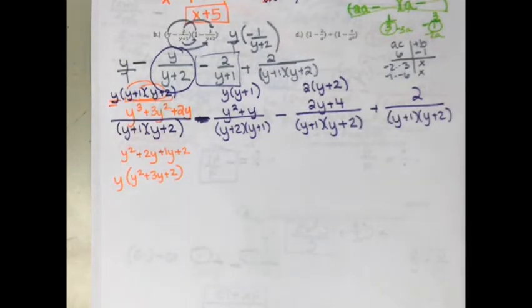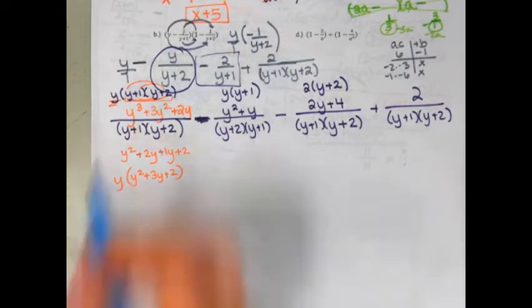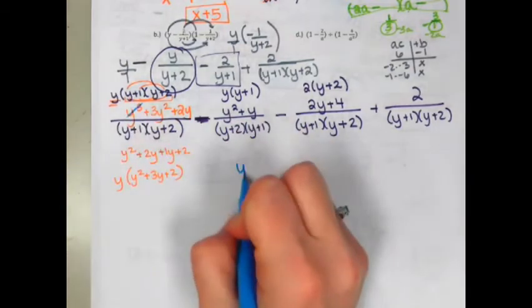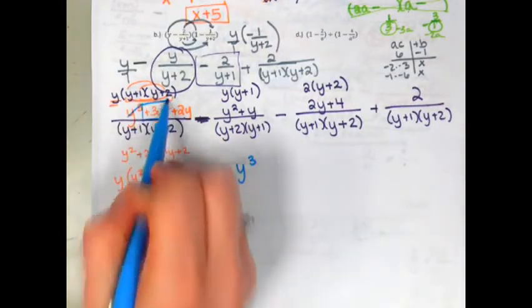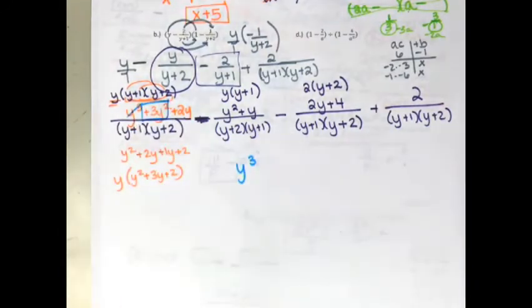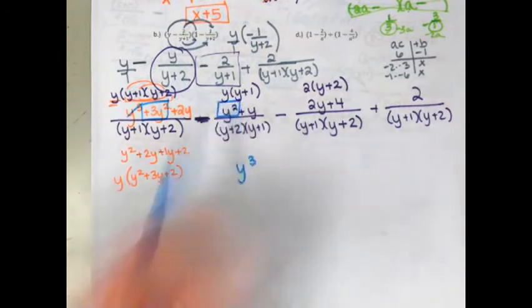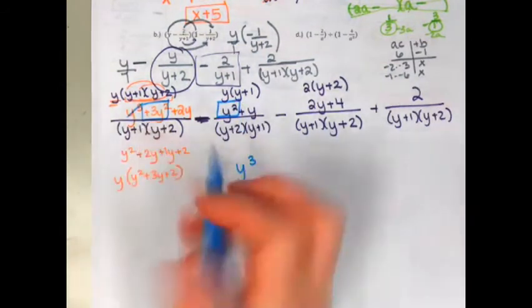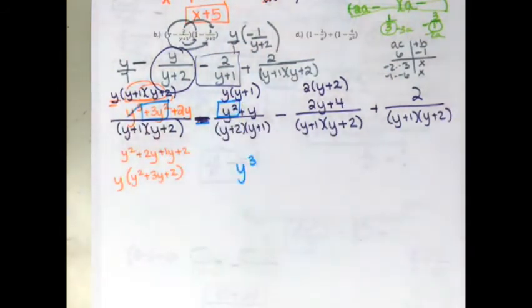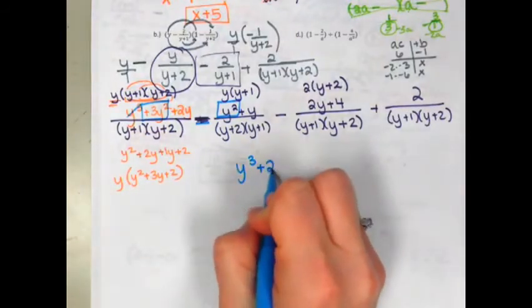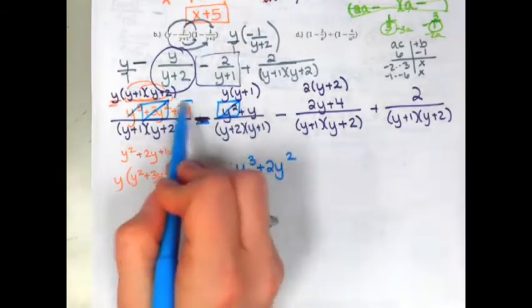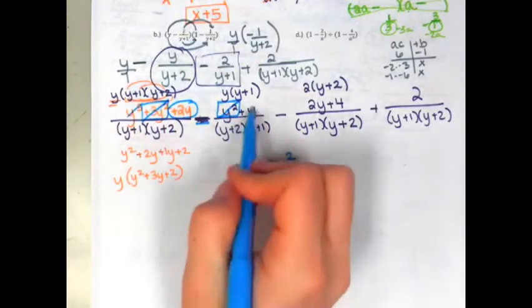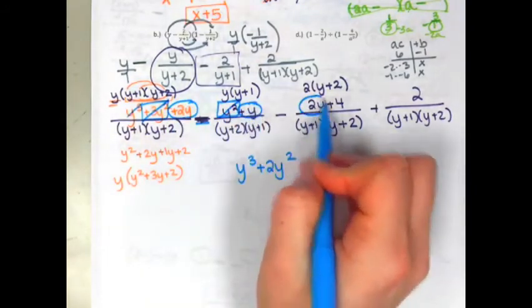Okay. Now let's go ahead and combine like terms. Y cubed. Do I see y cubed with anything? Nope. So I'm just going to rewrite y cubed. 3y squared and y squared, right? Yep. So what's 3y squared minus y squared? 2y squared. Okay. So we're done with these. 2y, y, and 2y.